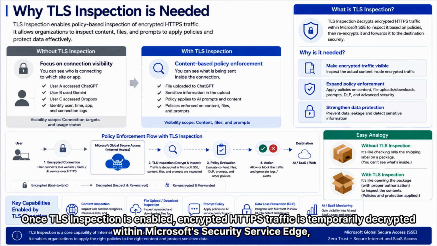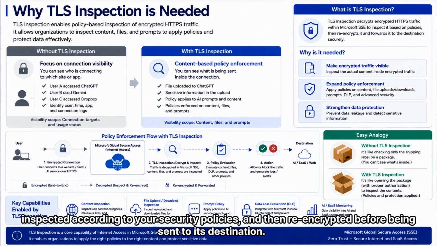Once TLS inspection is enabled, encrypted HTTPS traffic is temporarily decrypted within Microsoft Security Service Edge, inspected according to your security policy, and then re-encrypted before being sent to its destination.